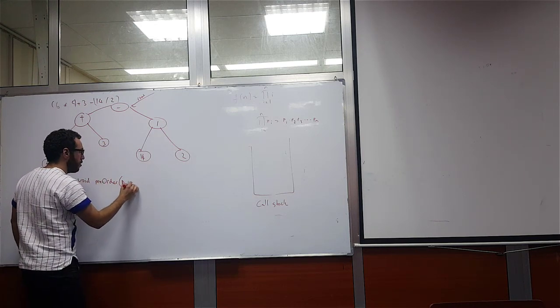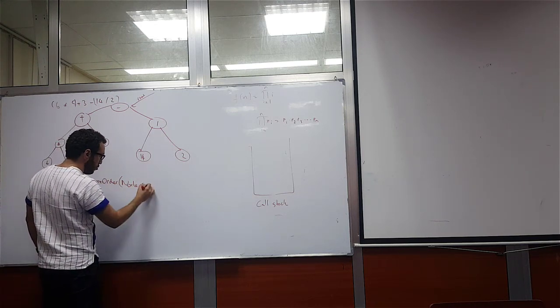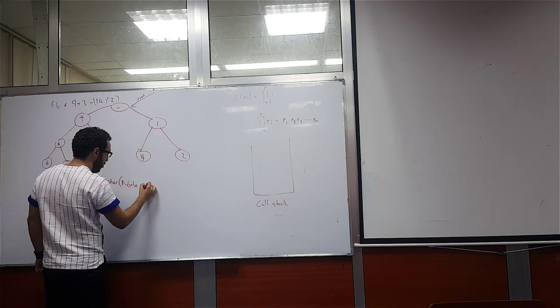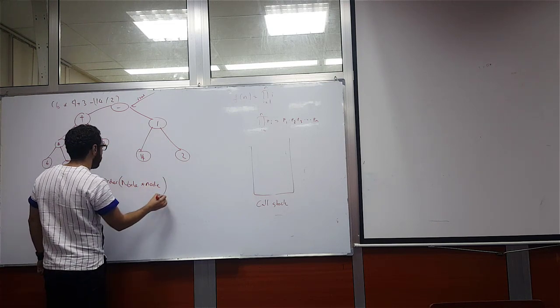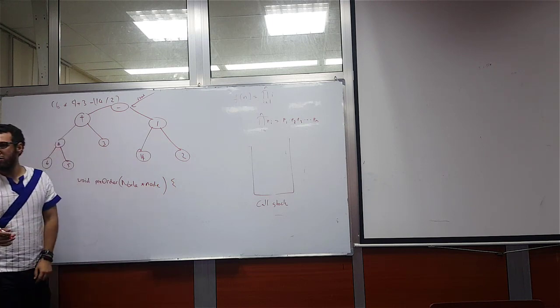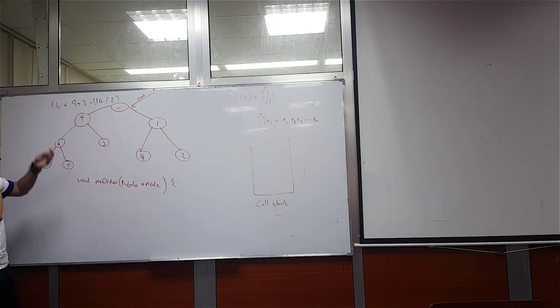We have node as our parameter. Let's name it node because we are going to make recursive calls, so it's not going to be root all the time. It's going to be the root of the subtree, but it's better to name it node.